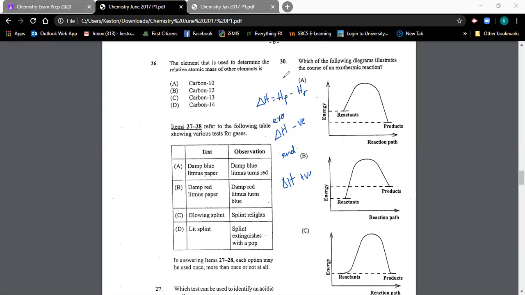So if you just use this equation, you'll know which one has to have the bigger value. If you want an overall negative value, then the energy of the reactants has to be higher than the products. So we are looking for any answer where the reactants are shown higher than the products.